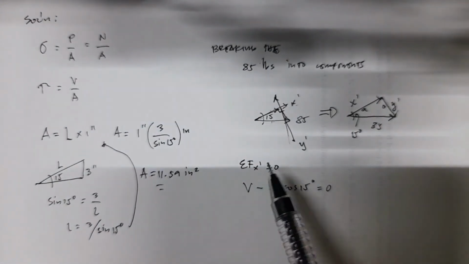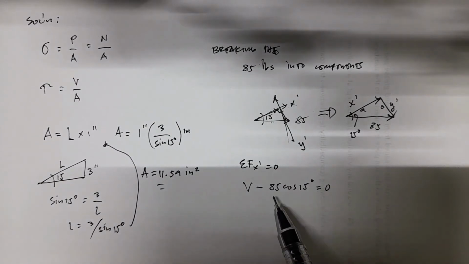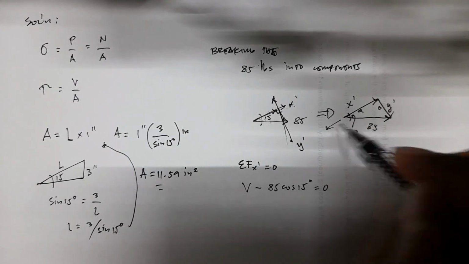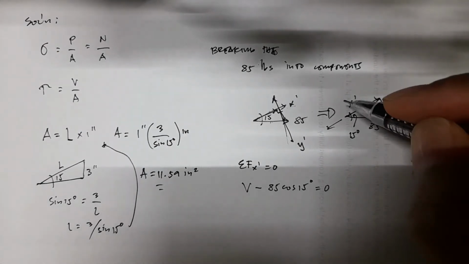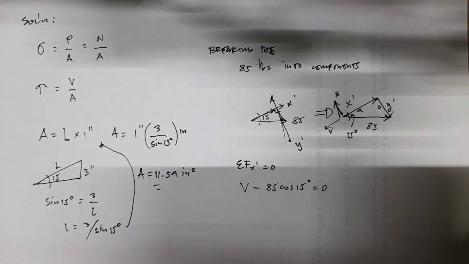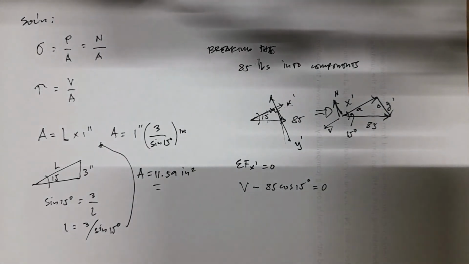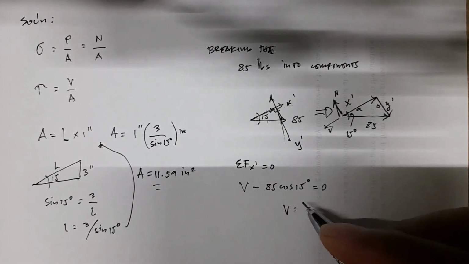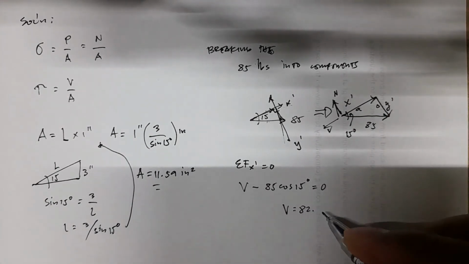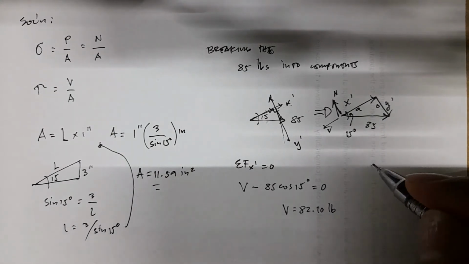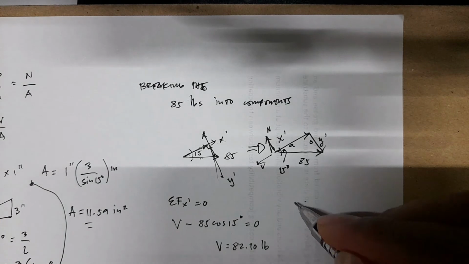That's why we have 85 cosine 15 degrees. Then of course you have the N, and then you have the V. So V is just equal to 82.90 or 82.1 pounds.